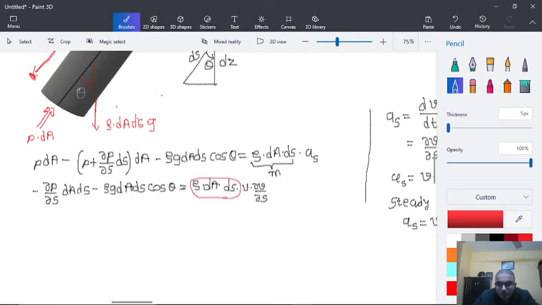So finally what we will be getting here is minus 1 upon rho into del p over del s minus g cos theta is equal to v into del v over del s.